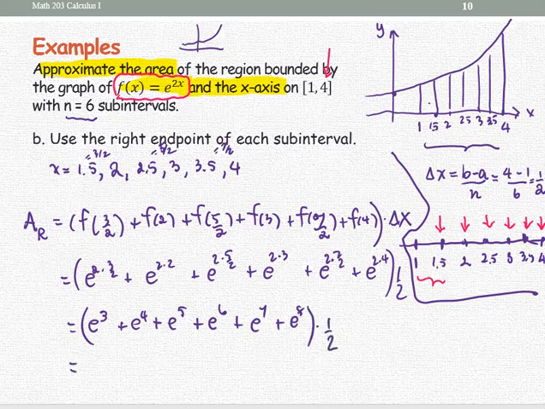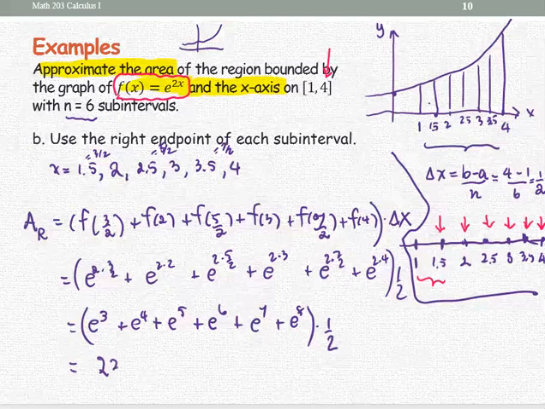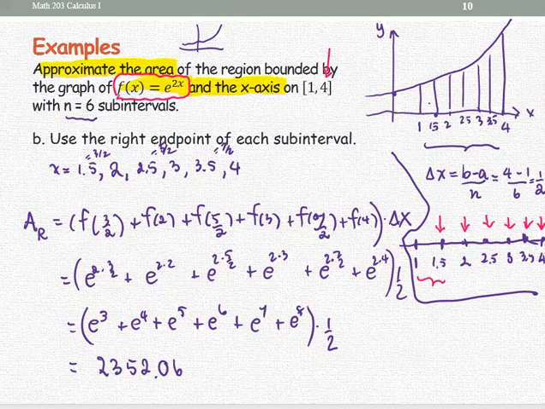And my calculation comes out to be, let me see, 1, 2, 3, 4, 5, 6. I get 2,061.522. Yep.